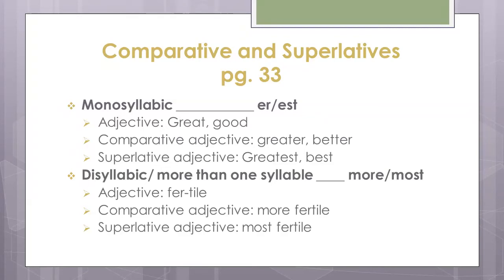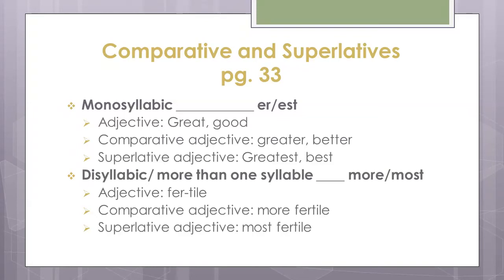Concept is homonyms, page number 36. Homonyms are the words that have same spellings, same pronunciation, but their meanings and origin are different. Grave and grave.